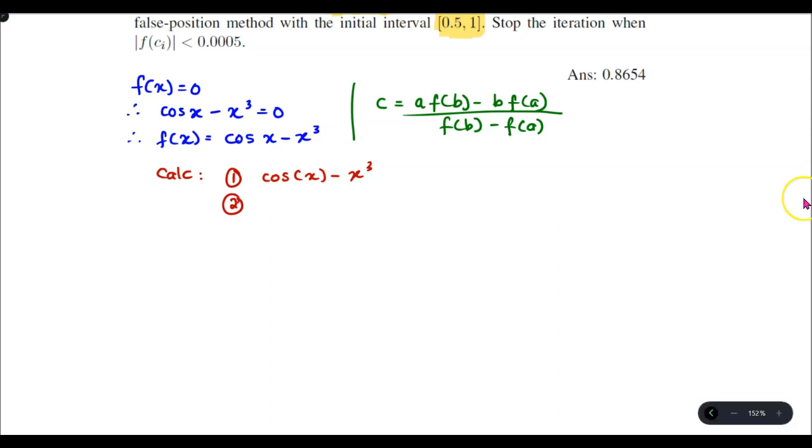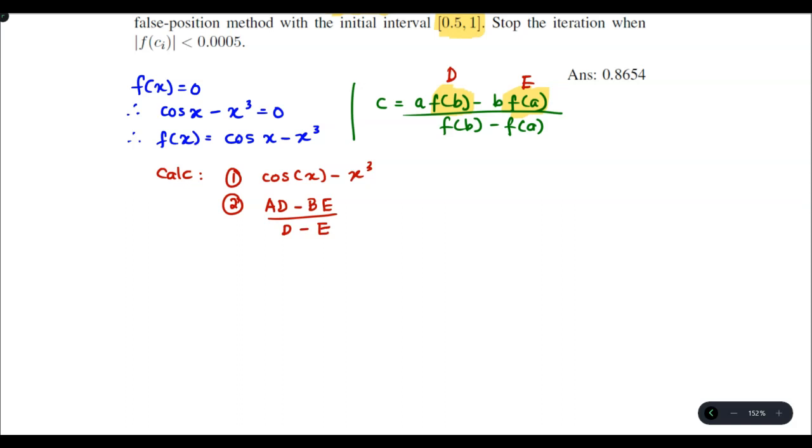But in the calculator, we don't have this kind of notation, so we will denote f(b) and f(a) as D and E. So in the calculator, we will set c as (A D minus B E) over (D minus E), since f(b) is D.